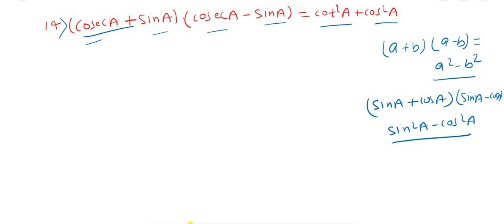So here the a plus b and a minus b concept is there, so I will directly apply the a square minus b square logic here. This is the LHS we are starting with.